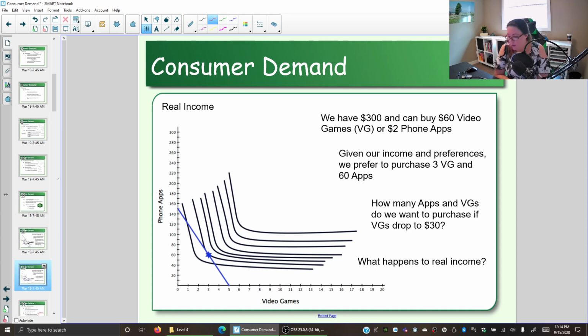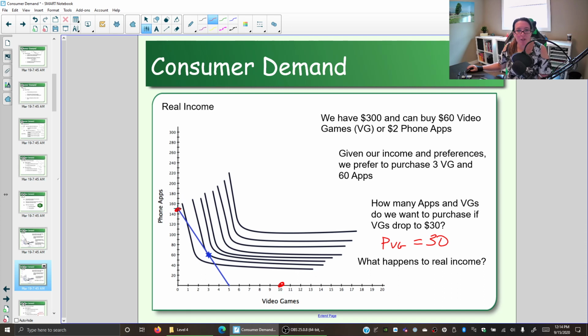But what if there is no change to our income? Our actual income hasn't changed, but instead the price of one of the goods changes. So in this example we looked at before, what happens if the price of a video game is now $30 instead of $60? Well, if we spent all $300 on phone apps, we'd still be getting $150. But now if we spent all $300 on video games, because they're now half the price they were before, we can afford more.